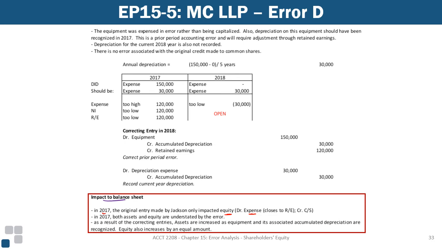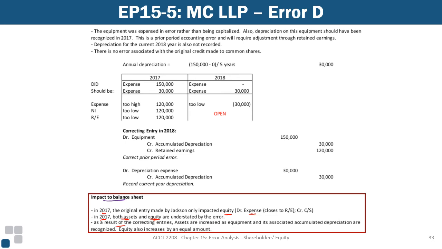So the error only results in equity being too low because of the expenses. In addition, assets and equity are understated by that error, right? Because the assets are too low and the equity is too low because of the combination of the overexpensed repair and maintenance, the missing equipment, the missing accumulated depreciation, and the missing depreciation expense.